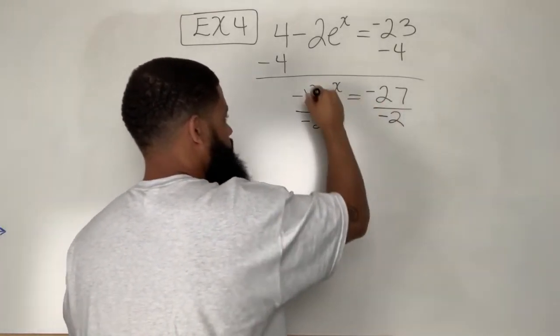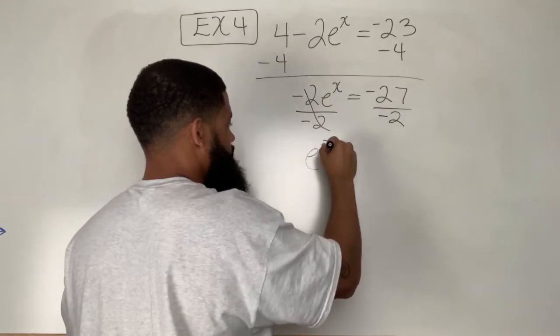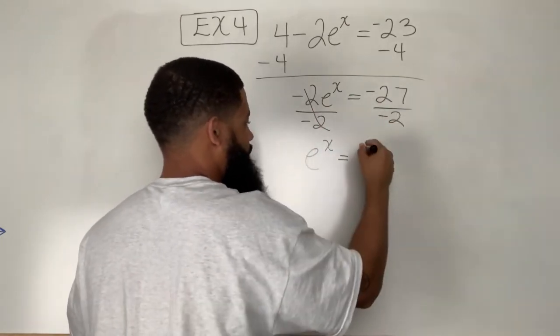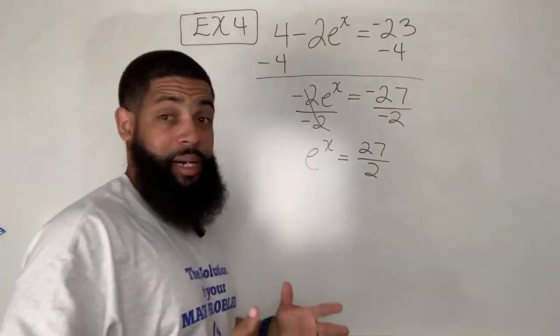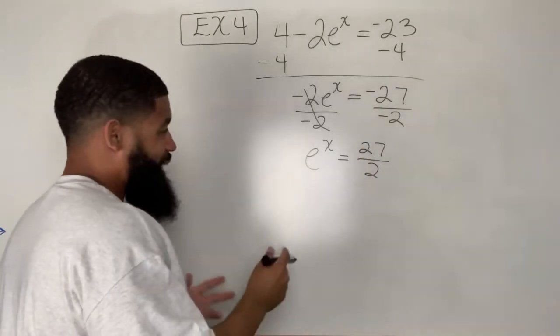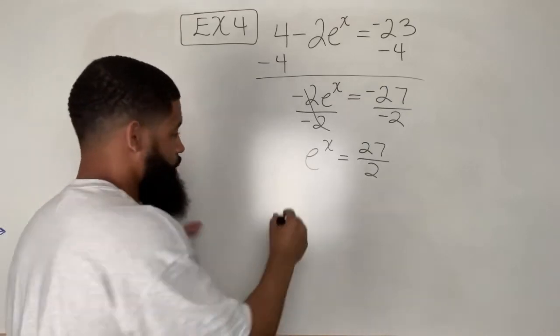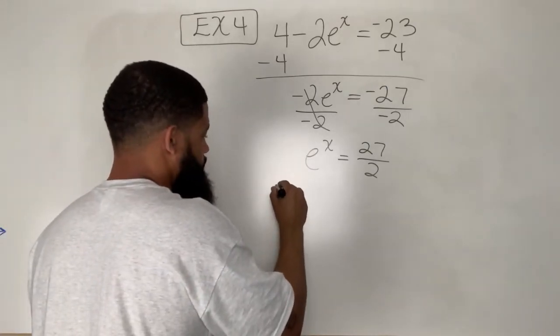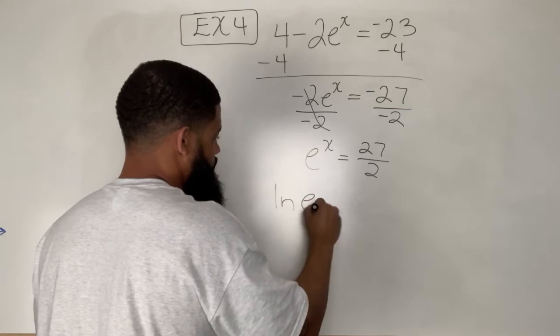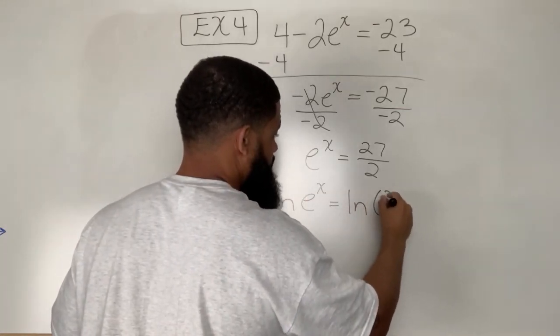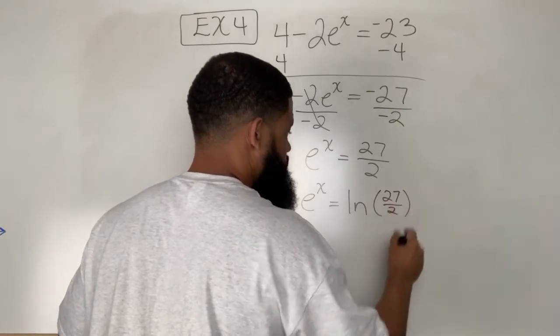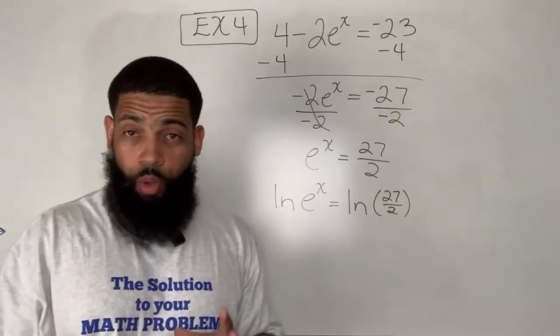So those cancel. Now I have e to the x power is equal to, we're going to make this positive, 27 divided by 2, because a negative divided by a negative is positive. Now, I need to take the natural log of both sides again. So the natural log of e to the x is equal to the natural log of 27 over 2, which I'm keeping in this form once again for approximation purposes.